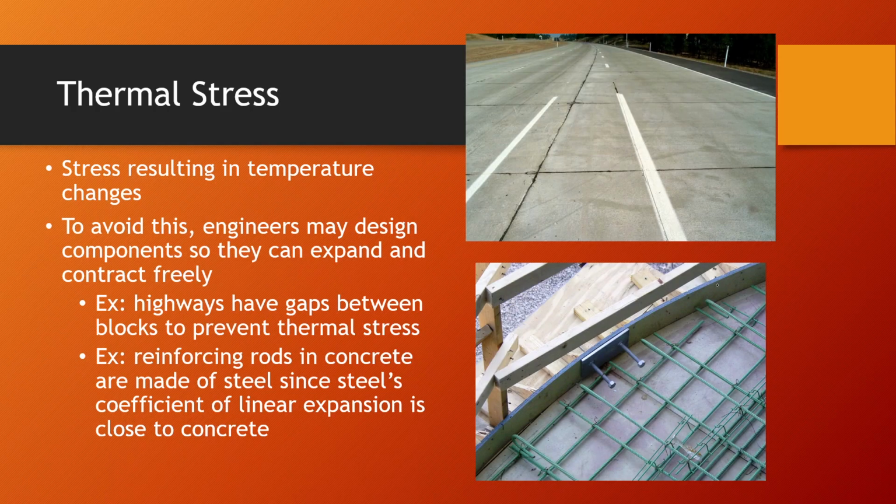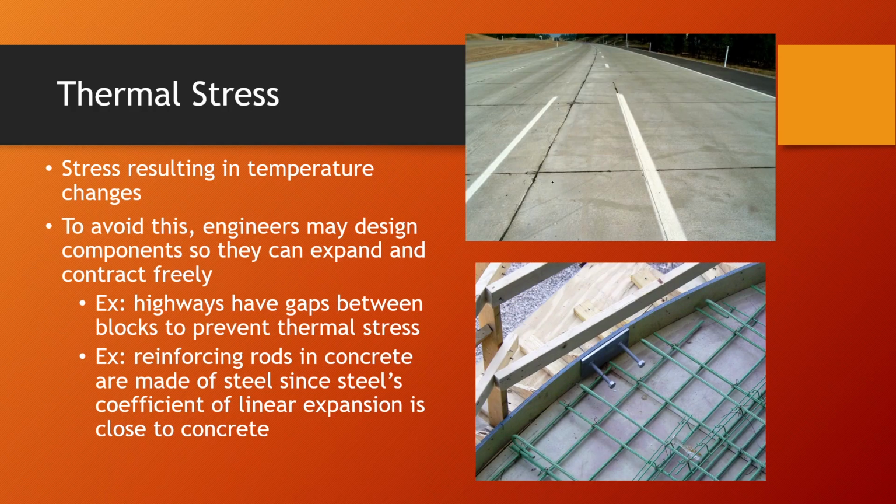Now with that comes thermal stress, and this stress is a result of temperature changes. And again, like I said before, engineers will try to avoid this by designing components so that they can expand or contract freely. So an example would be in highways, and we see this all throughout the Central Valley.